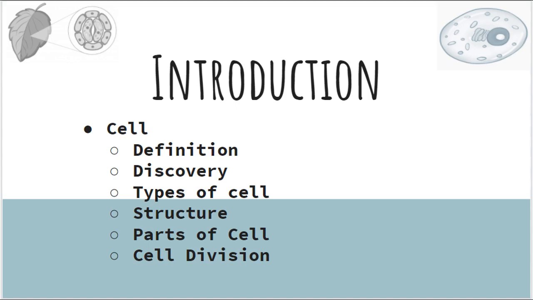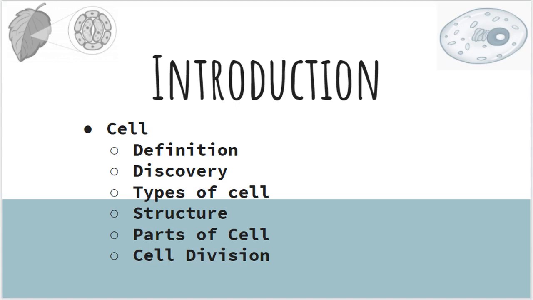With the help of the textbook, we will study here the cell, its definition, that is the NCERT definition. Then the discovery of the cell, that means who has discovered the cell, someone who first found out the fact that the cell is there.